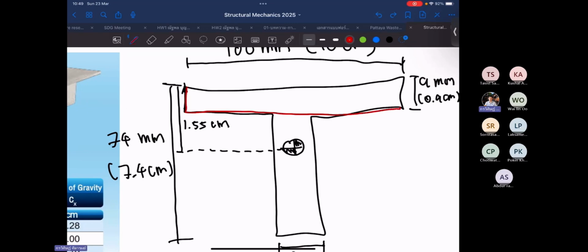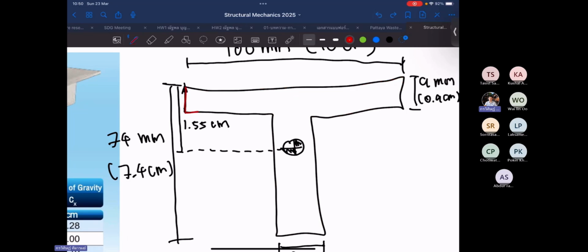This one is our first component, and this one is our second component. Doing it this way is just rectangles, and it has two pieces. It's easy for me to do this one, but if you don't want, you can do another way.